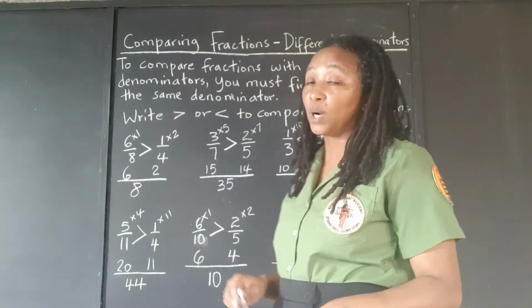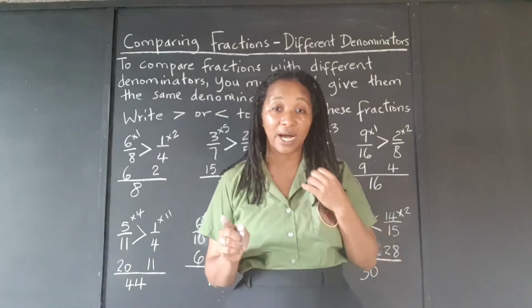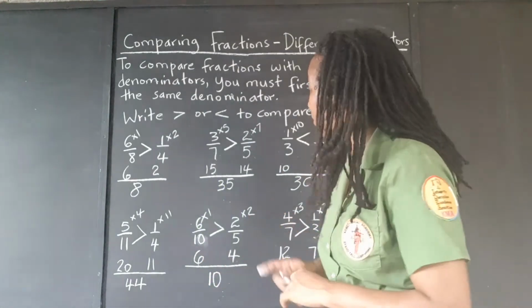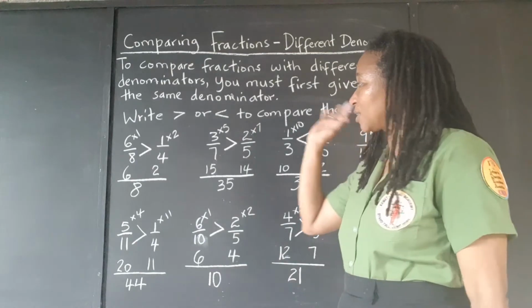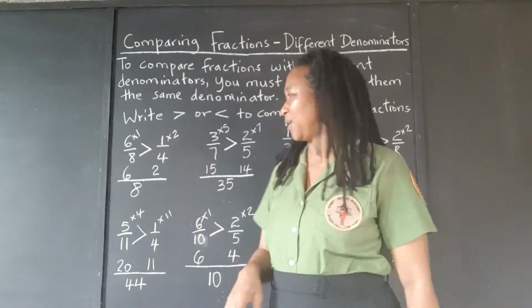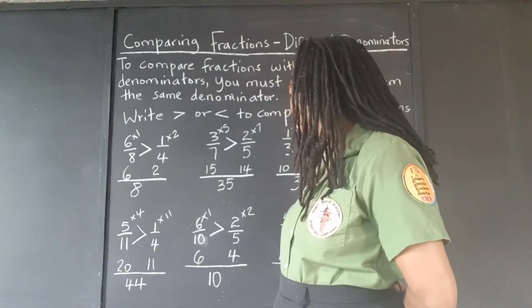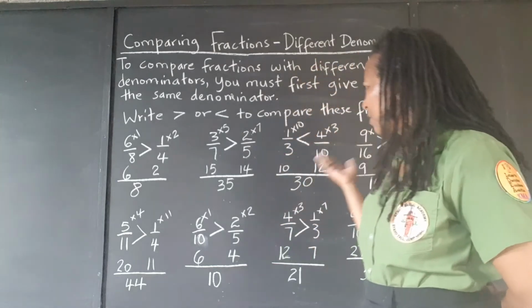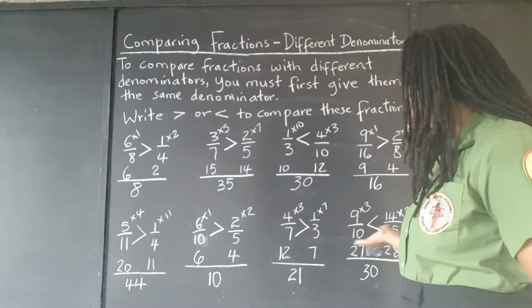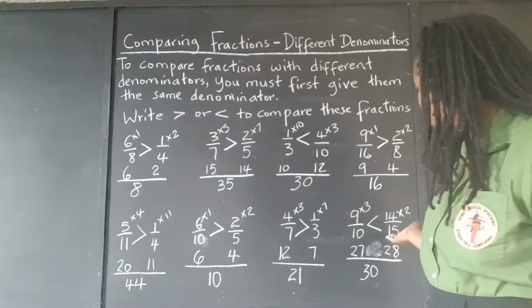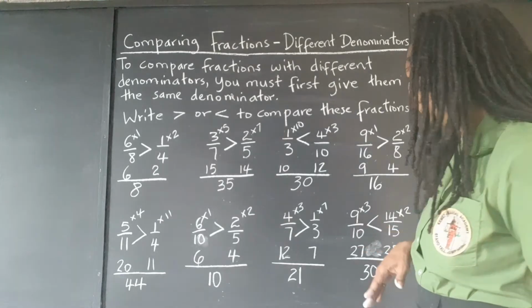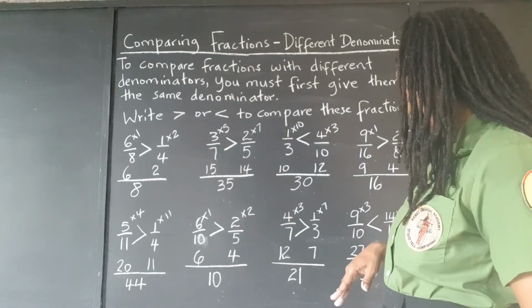Now, don't do what some students do when they're asked to compare fractions. What some students do, they just look at the numbers and they say, you know what? The 7 looks bigger than the 5.